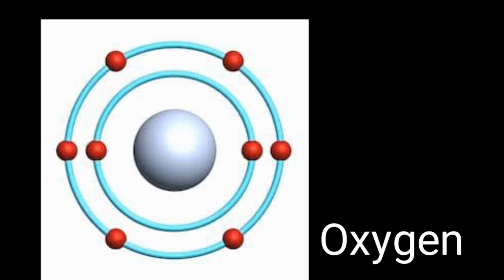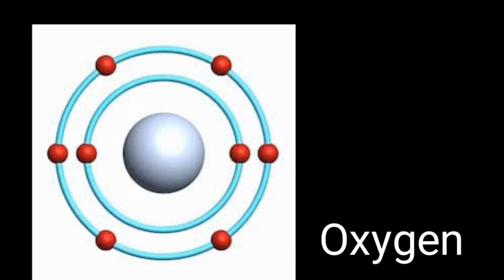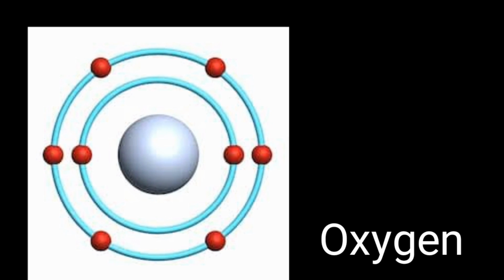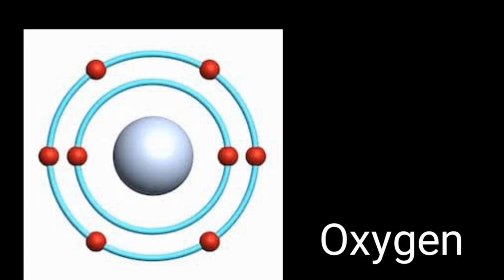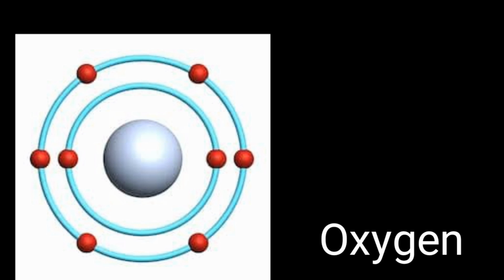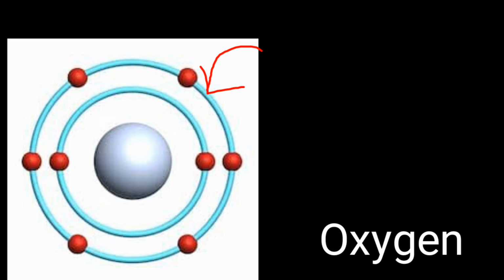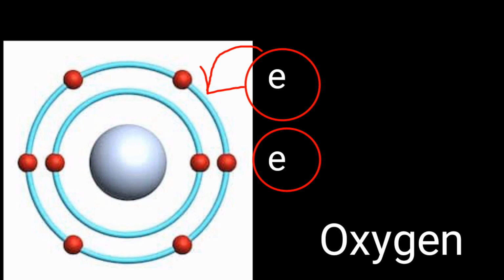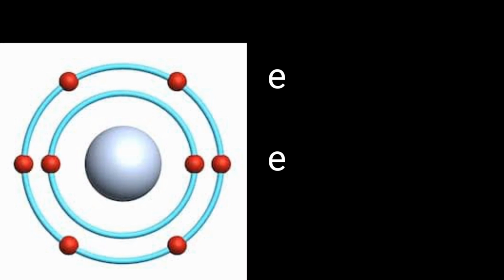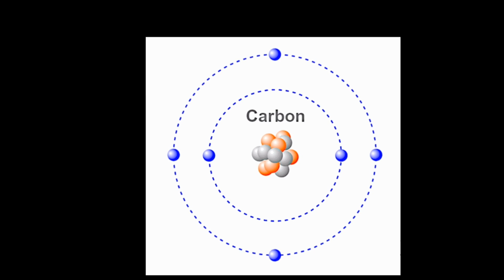From here we can calculate that to form the octet structure, they either have to give up 6 electrons or gain 2 electrons. Giving up 6 electrons is very difficult, and why would the other element gain so many electrons? So it is easier to gain 2 electrons. So the valency is 2.